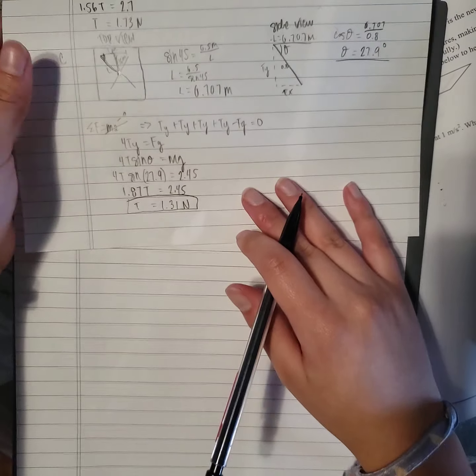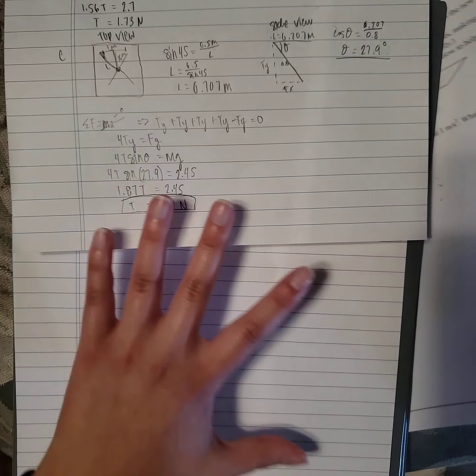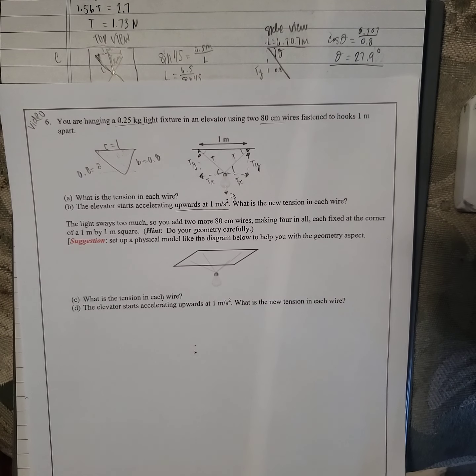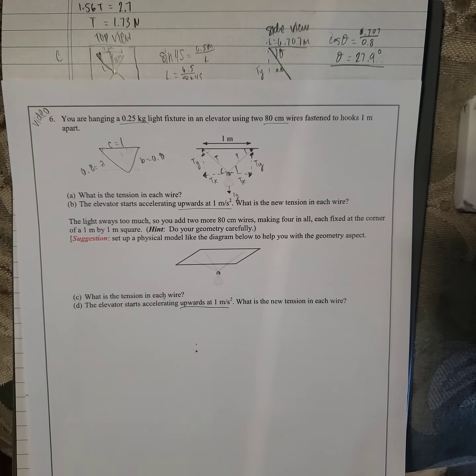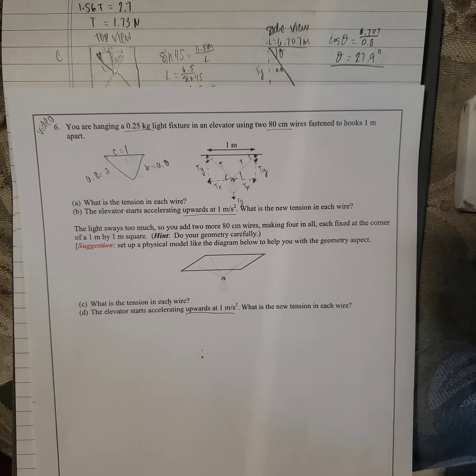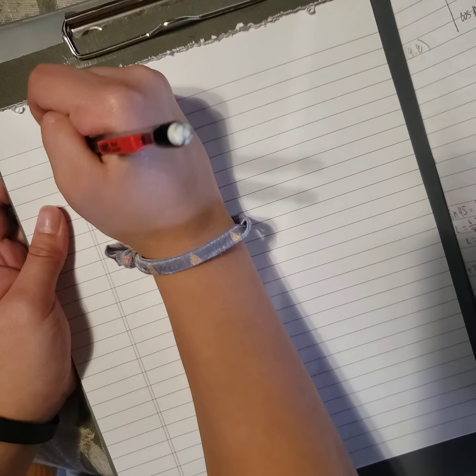Okay, so now moving on to part D. Now part D wants the new scenario with the 4 wires, but now the elevator is accelerating upwards at 1 meter per second squared. And it wants us to find the new tension. Okay, so we can do what we've been doing.